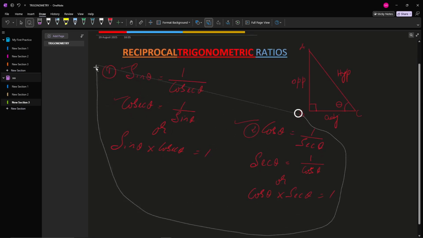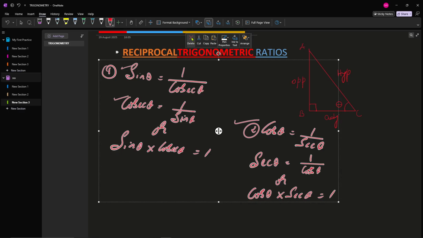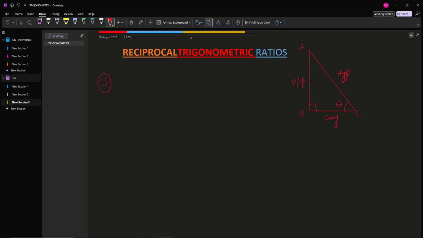The third one we had was tan theta. What is tan theta? Tan theta is equal to 1 by cot theta. Or you write cot theta is equal to 1 by tan theta. Right? Or when you cross multiply, tan theta into cot theta is equal to 1.